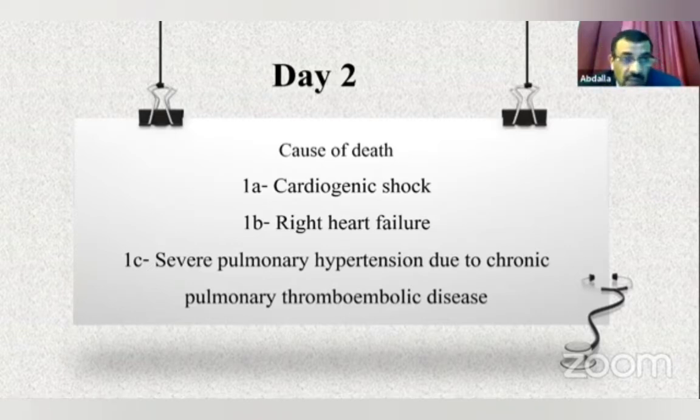Even yesterday, there was a comment about the raised troponin. Whenever you have raised troponin in the setting of pulmonary embolus, you should think about right-sided strain, and you should do the echo. Actually, you should dig to find a way to thrombolyze such patients.